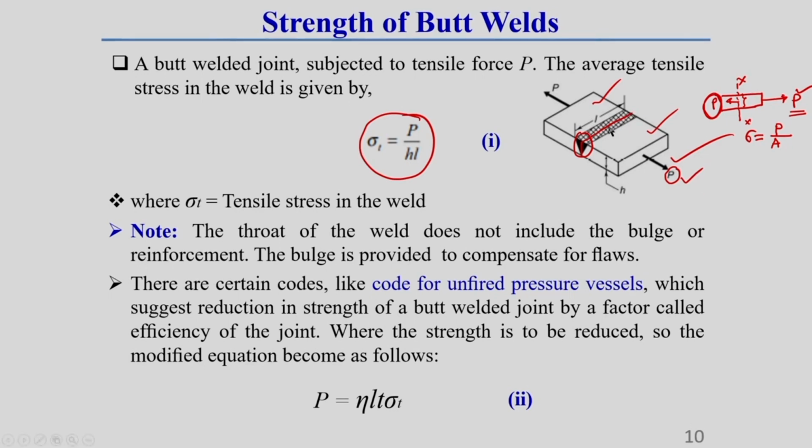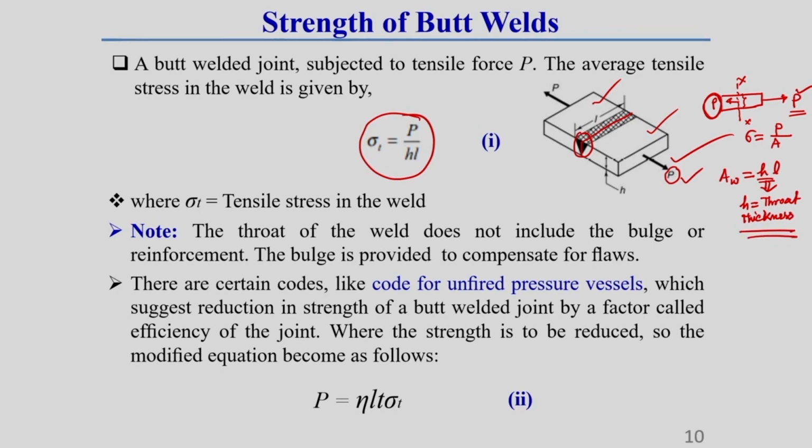The cross section of this weld, which I am representing as AW, will be H into L. L is the length of the weld, and H is called the throat thickness. So, this is the cross section over which this external force P generates a resisting force.